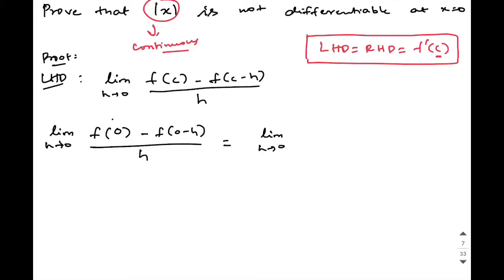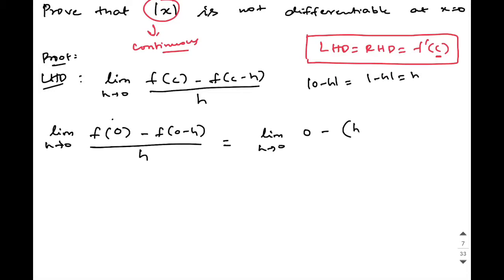If you substitute 0 here, mod 0 is going to be 0. Minus, if you substitute 0 minus h, the value of x inside the modulus is less than 0, then the output is minus x, right? So observe, mod of 0 minus h will be equal to mod of minus h, which will be h only.